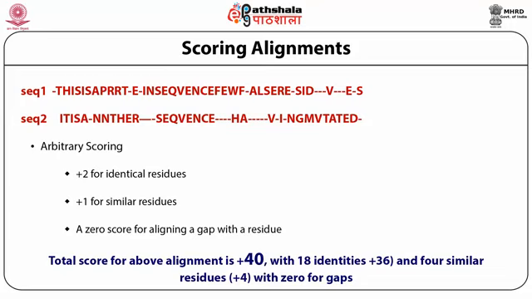The assignment of scores based on identities and similarities allows the evaluation of the alignment for its overall similarity. This score of +40 will be used later in this module while learning calculation of the statistical parameter p-value, which is calculated using the raw score of the alignment.